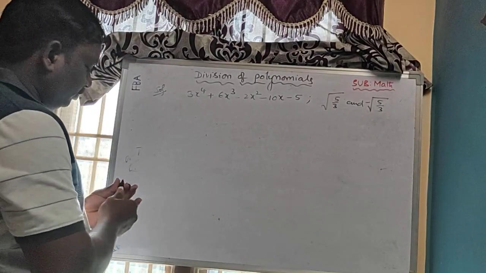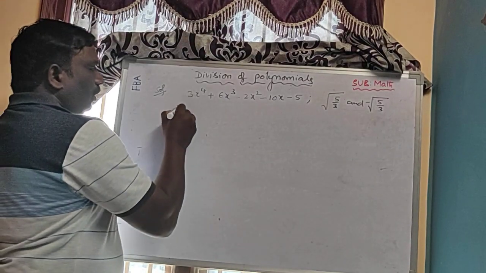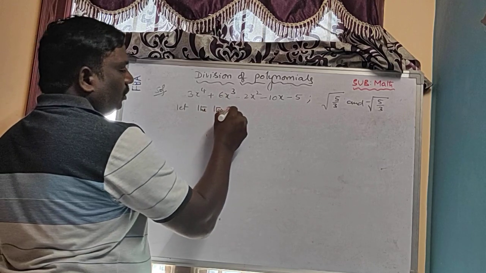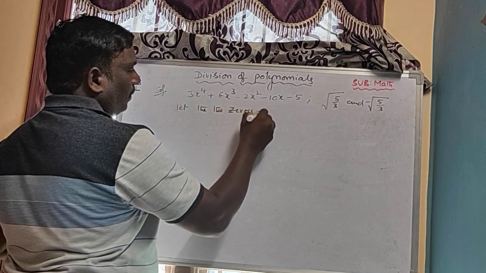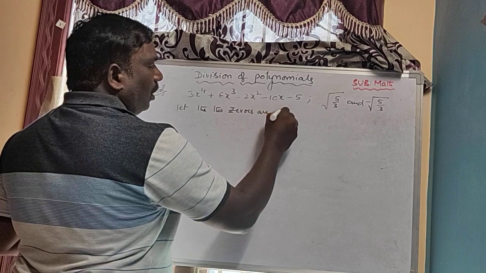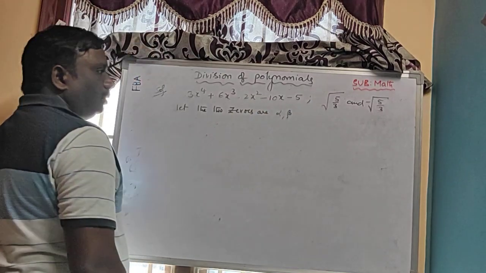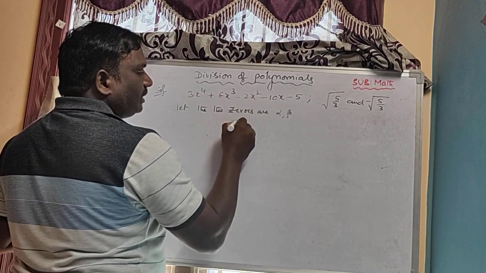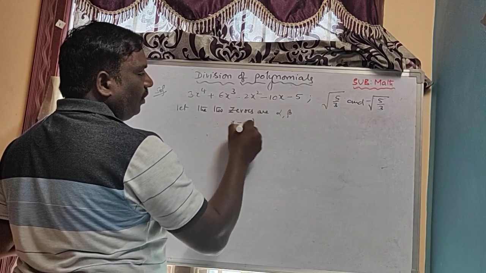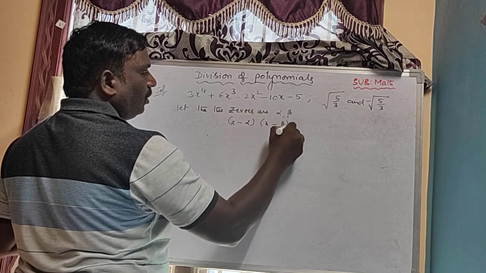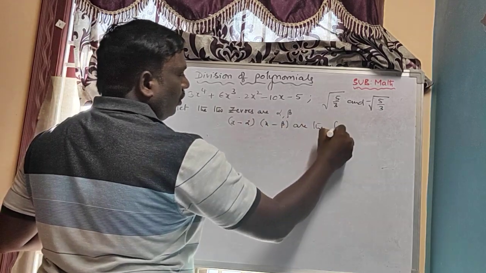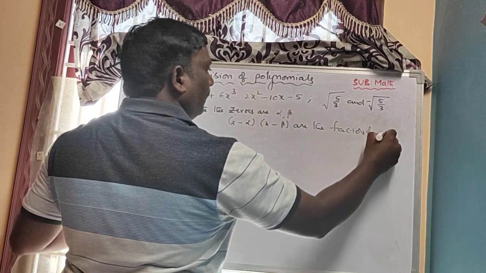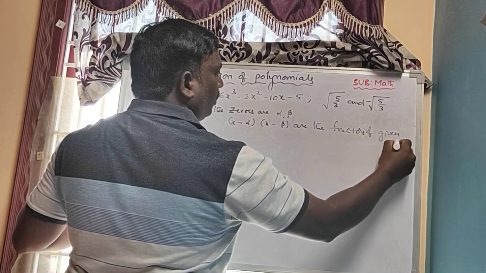Let the two zeros be alpha and beta. So x minus alpha and x minus beta are factors of the given polynomial.